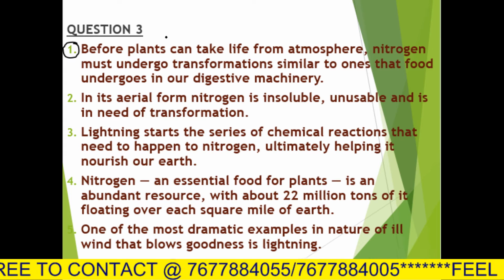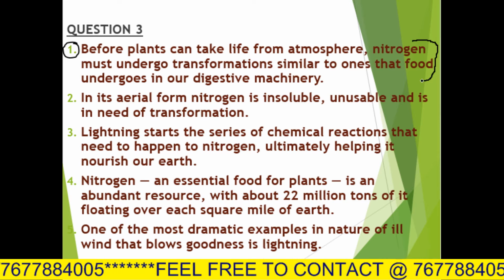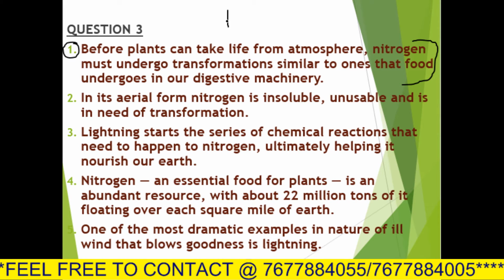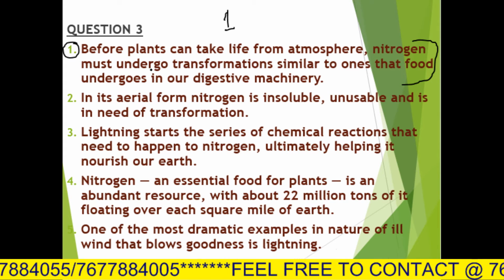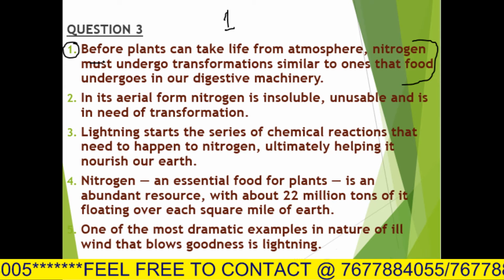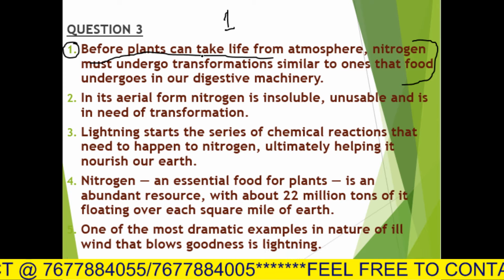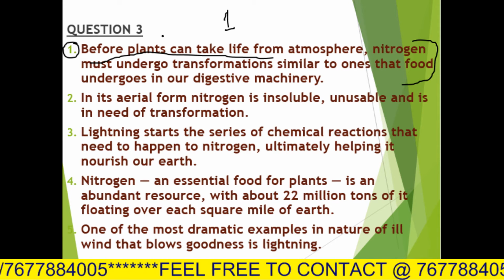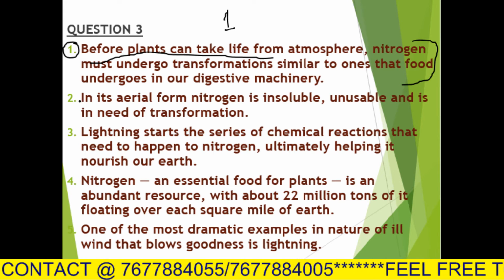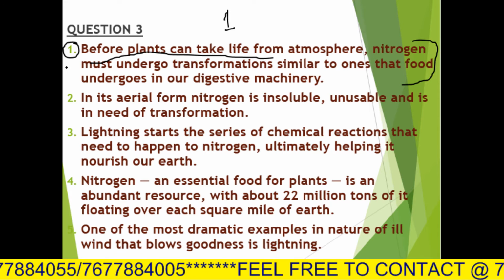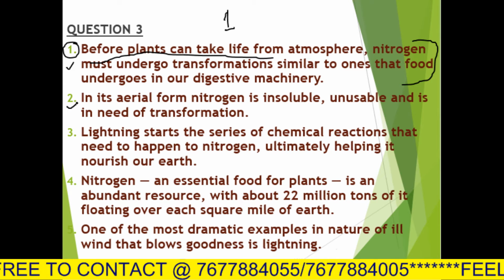This sentence is a kind of independent sentence, meaning it has the capability of coming first. But "before plants can take life from atmosphere" indicates that something has already taken place, so we have to think before taking 1 as the first sentence. Let's move on to sentence number 2.